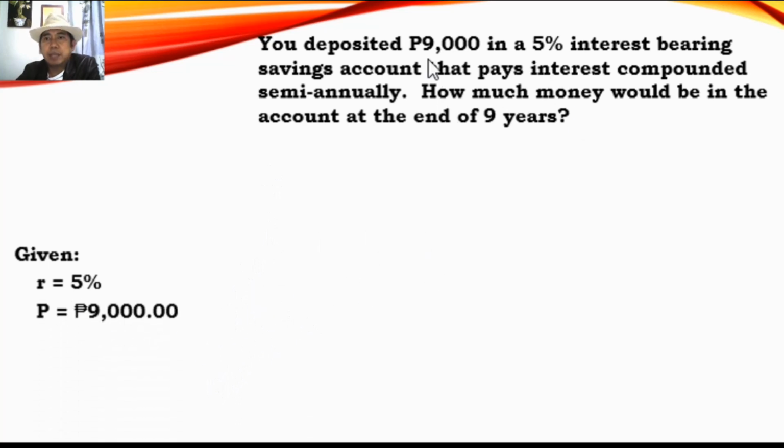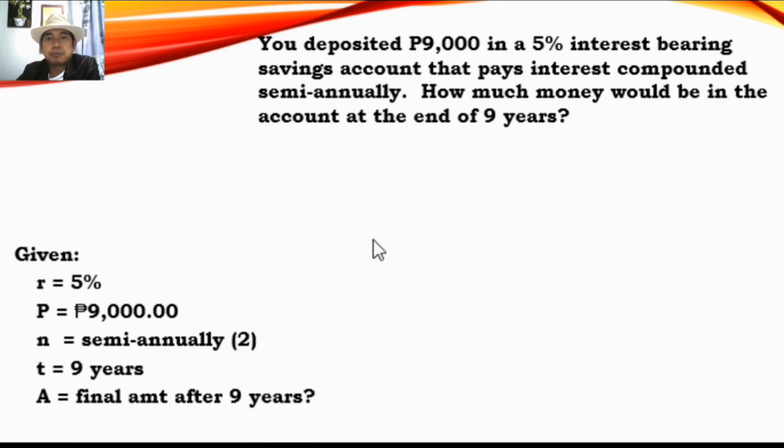We have 9,000 pesos. What is the mode of conversion? Twice a year, semi-annually. How long does the savings account stay? That is 9 years. And at the end of 9 years, what would be the final amount?